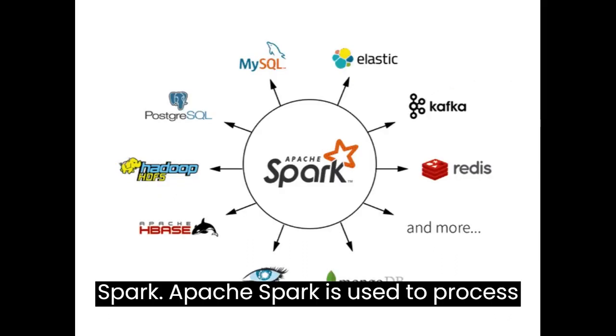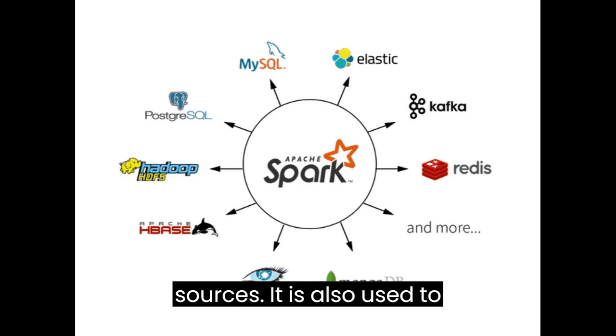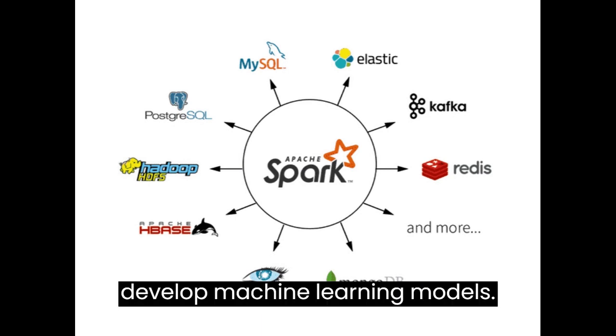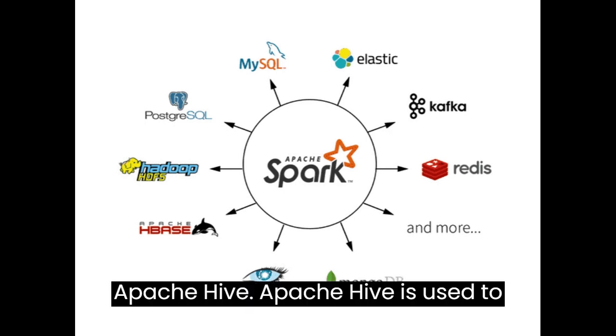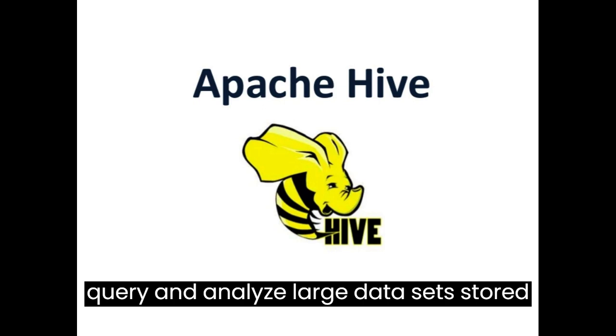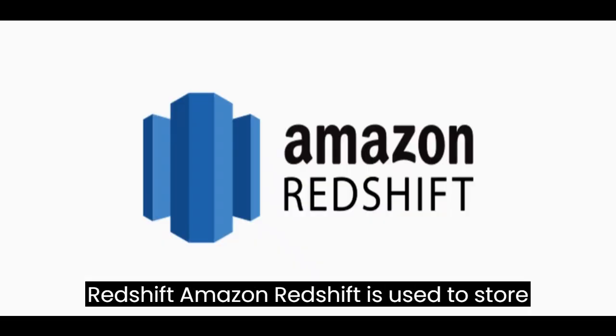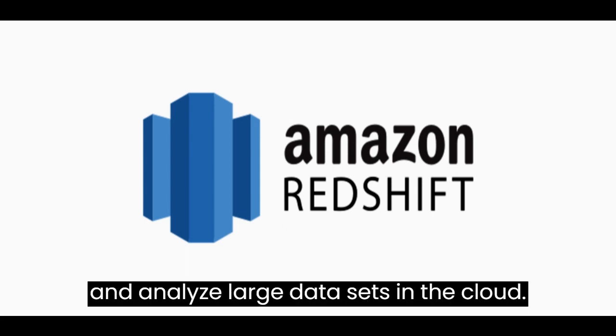Apache Spark is used to process large datasets from a variety of sources. It is also used to develop machine learning models. Apache Hive. Apache Hive is used to query and analyze large datasets stored in HDFS. Amazon Redshift. Amazon Redshift is used to store and analyze large datasets in the cloud.